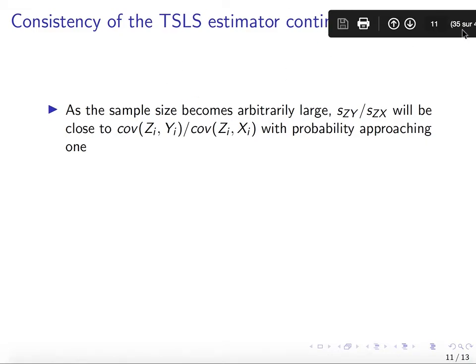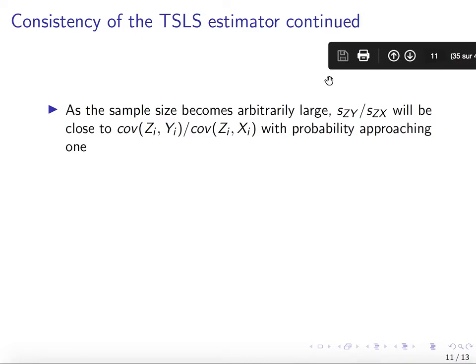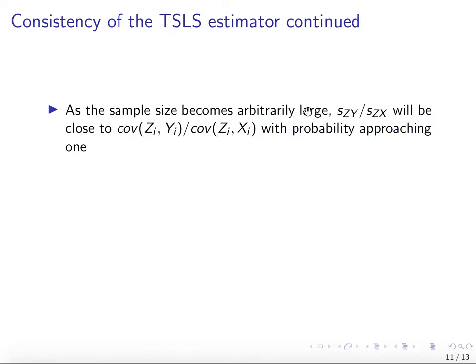So why is this consistent? As the sample size becomes arbitrarily large, the sample covariance between z and y over the sample covariance between z and x will get increasingly closer to the actual covariance in the population between z and y over covariance of z and x.